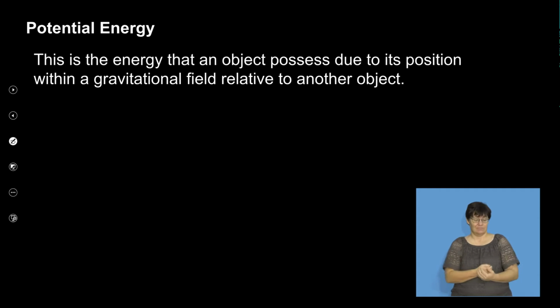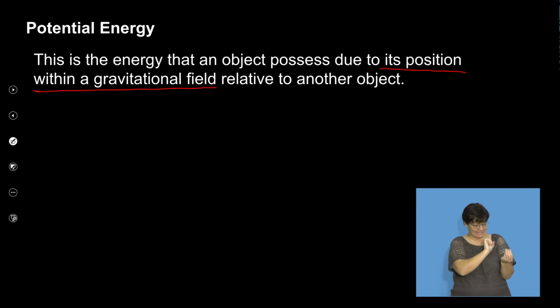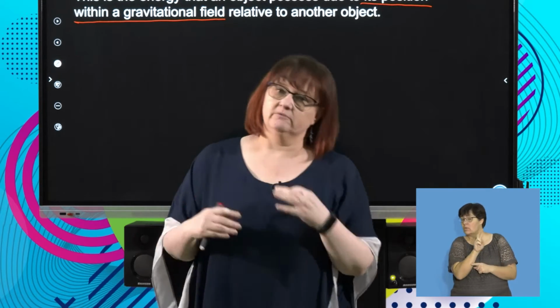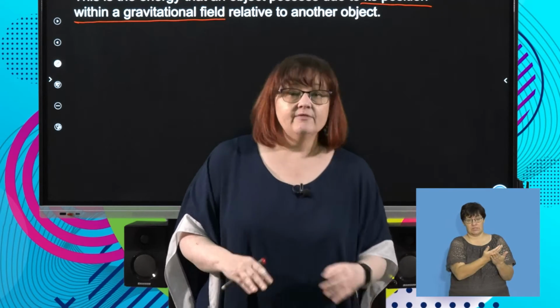First one is potential energy. Now, this is an energy that an object possesses due to its position in a gravitational field. So for this section, we're working with gravitational potential energy. There's lots of others.